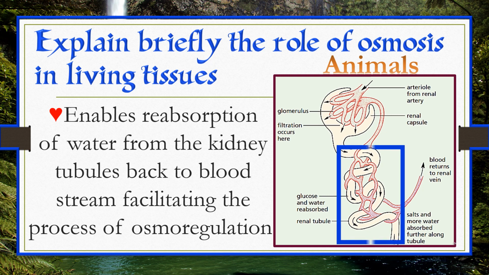As you go down the descending limb of Henle, salts and more water are absorbed from the tubule back into the blood capillary. So it is osmosis which is enabling the reabsorption of water from the kidney tubules back to the bloodstream, facilitating the process of osmoregulation.